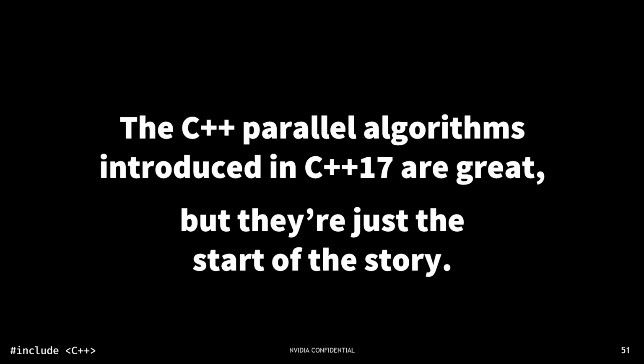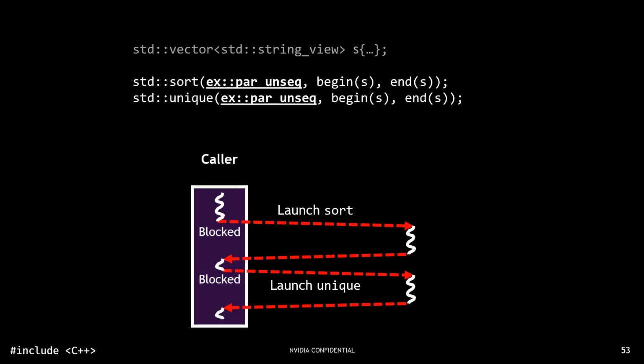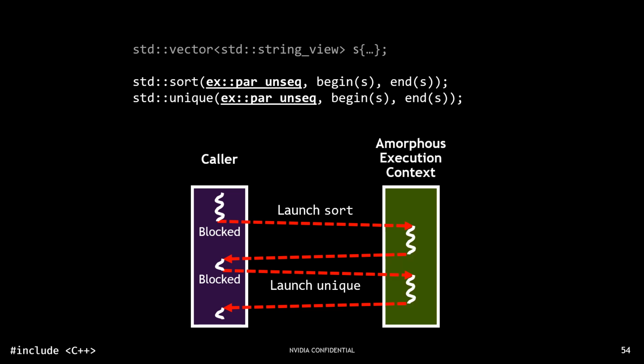The C++ parallel algorithms introduced in C++17 are great, but they're just the start of the story. They have two major limitations. First, the C++17 parallel algorithms are all fork-join synchronous. They launch the parallel work, and then they wait until that work is completed before they return to the caller. Now, where exactly do they launch that parallel work? That's the second problem.